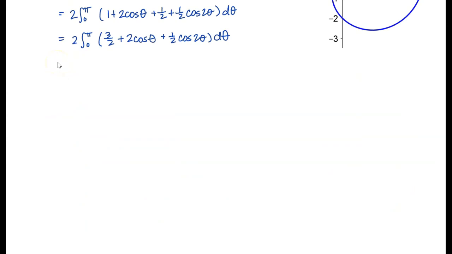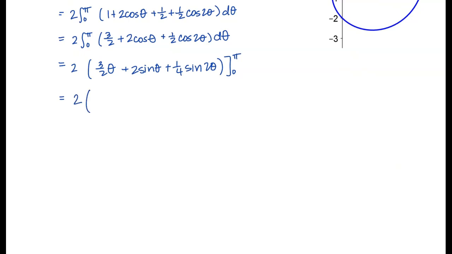After making some room here, now I have 2 times (3/2 theta plus 2 sine theta, and then here I'm going to have 1/4 sine of 2 theta). Remember the inside 2 theta, we're going to have an extra 1/2 come out of that from the antiderivative. And then this is evaluated from 0 to pi.